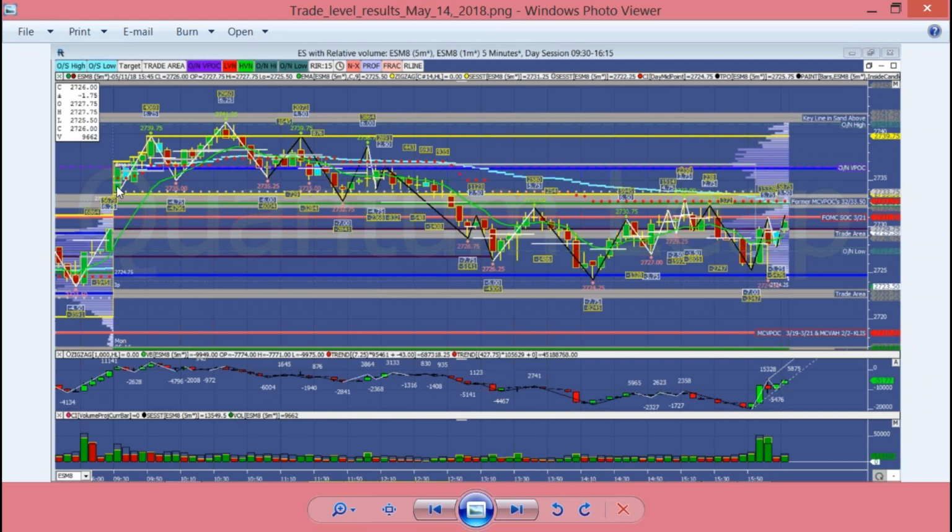Hypo 2 was an open auction just out of range, a push up into that overnight VPOC, and then finding sellers and rotating us down and chopping inside of value.